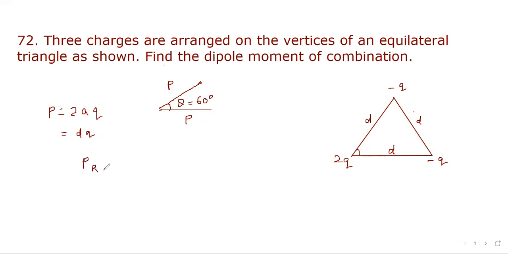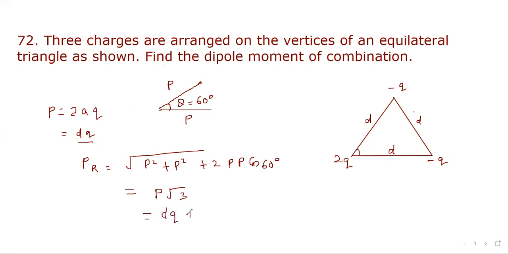So p resultant will be equal to square root of p square plus p square plus 2pp cos 60 degrees. So this will become p root 3, but p equals dq. So it will be dq root 3 and the unit will be coulomb meter.